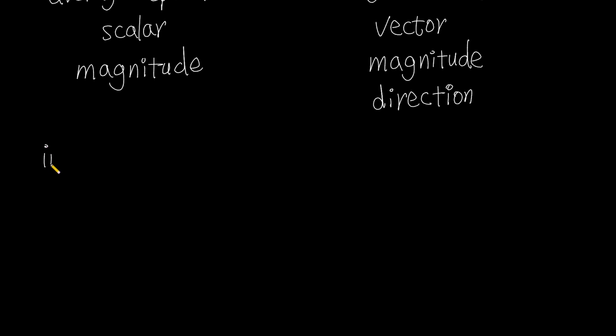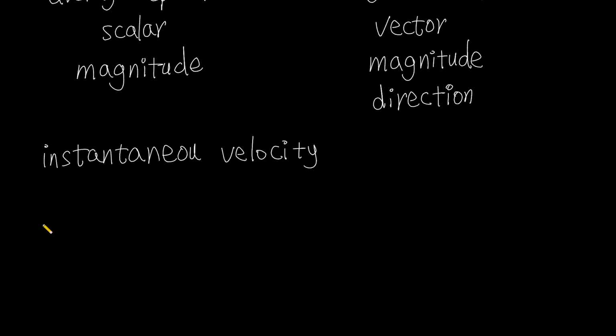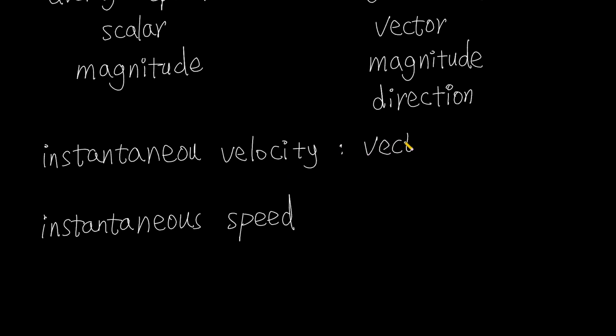Now, there is instantaneous velocity. There is also instantaneous speed. The instantaneous speed and the instantaneous velocity are related, just like the average speed and average velocity are related. The instantaneous velocity is a vector, and it has magnitude and direction.